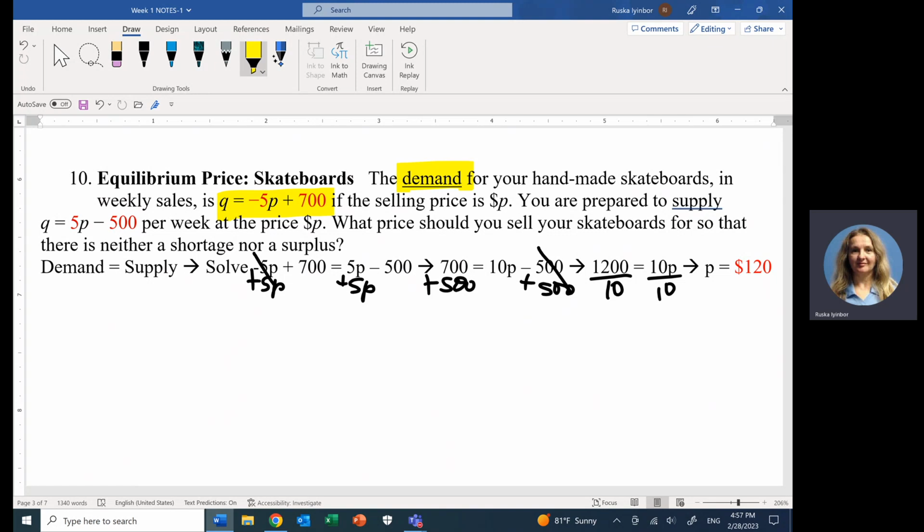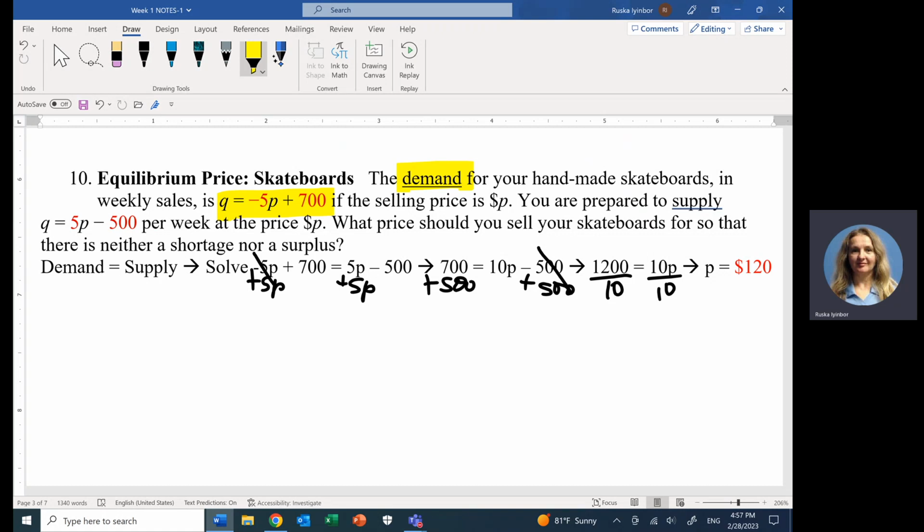Q represents the quantity, how many skateboards, and P in this formula represents the price of selling it. So this is called the demand equation. Looking at the equation, it's again a linear equation, okay?